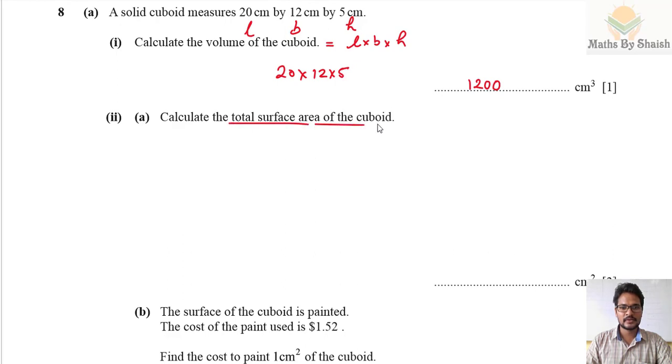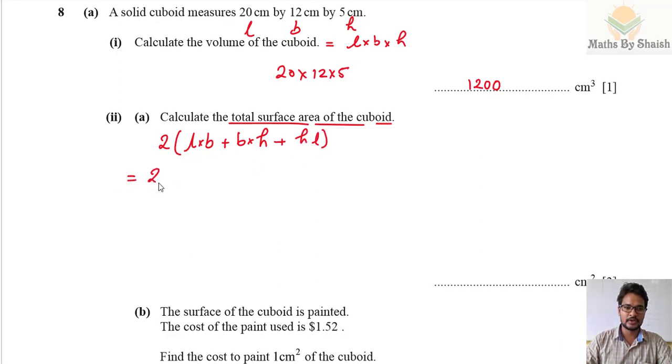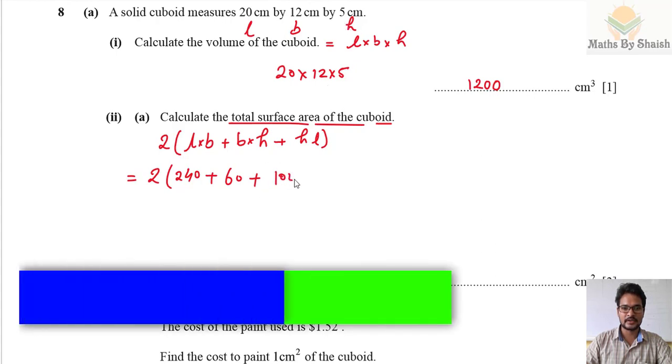Calculate the total surface area of the cuboid. So we have the formula for it. It is going to be 2 times (L×B + B×H + H×L), and if we put these values here, we get 2 times (20×12 + 12×5 + 5×20). 20 into 12 is 240, plus 12 into 5 is 60, plus 5 into 20 is 100.